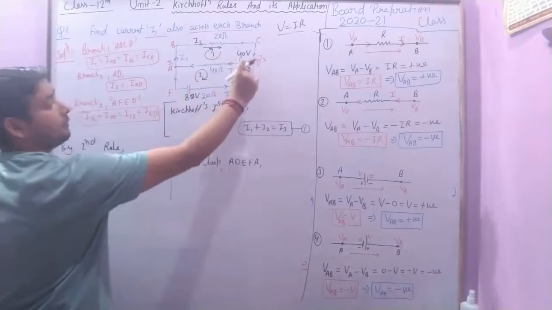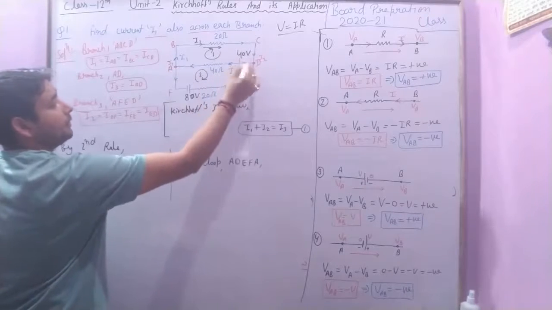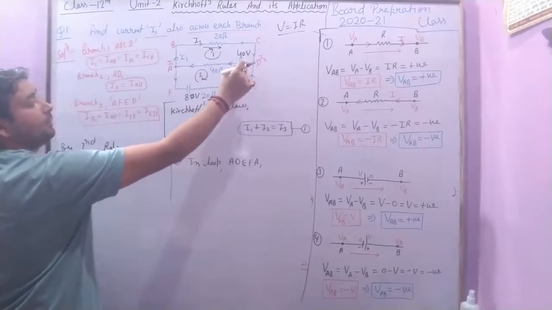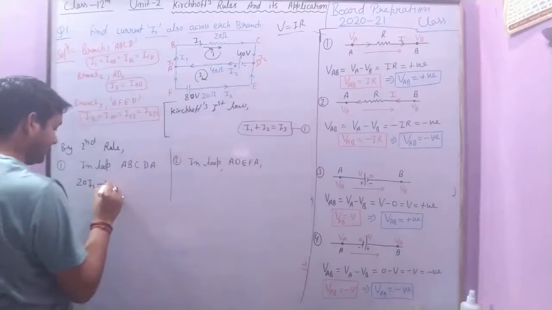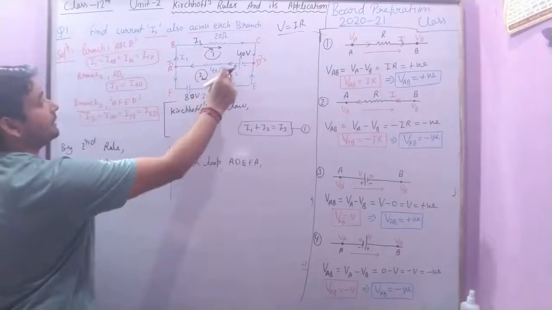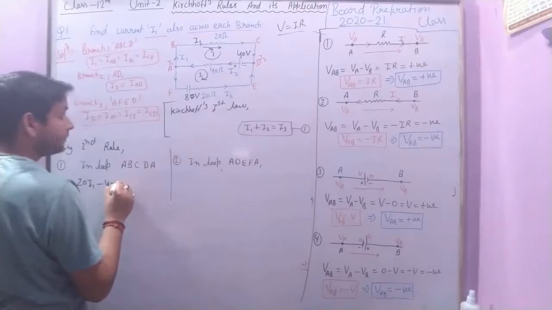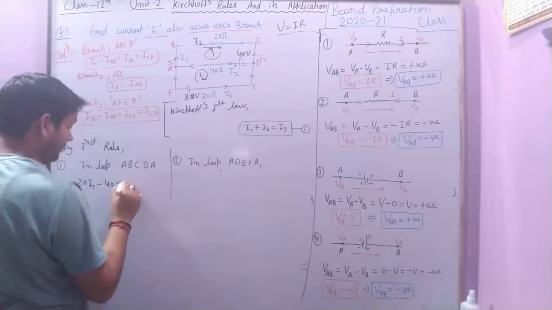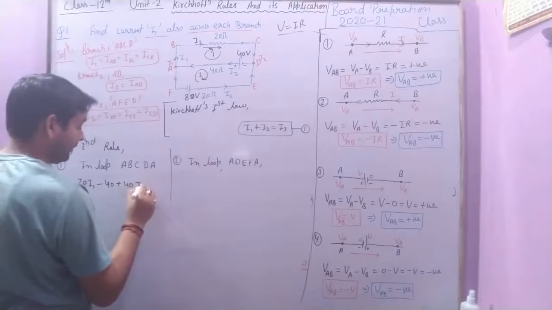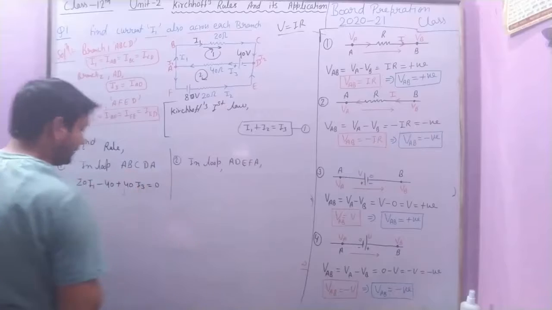Then we are moving from D to A and jumping from negative terminal to positive, so it will be minus 40. And then in direction of current, plus 40 I3 and reached at A, it will be 0.